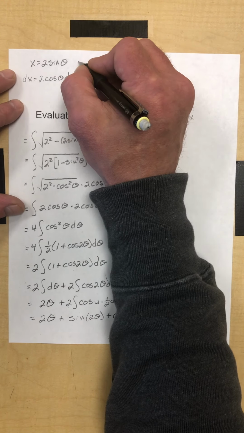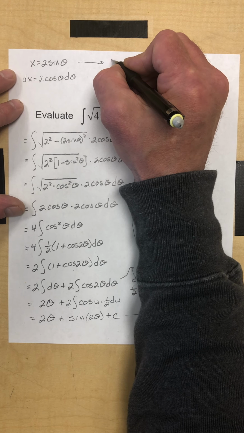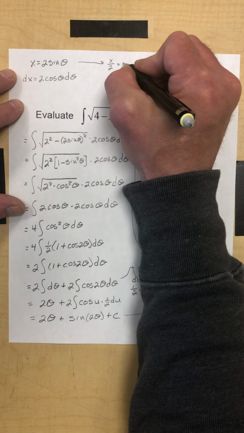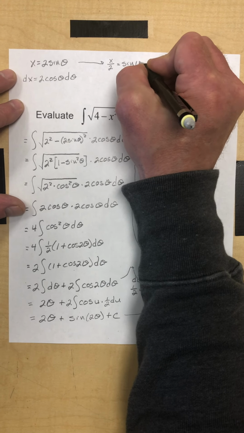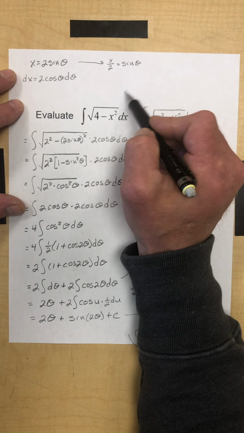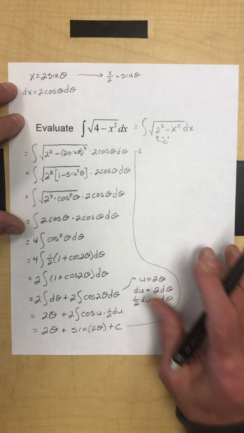So if x equals 2 sine theta, then x over 2 is sine of theta. And notice I could take sine inverse of both sides to figure out what theta is. And remember, sine inverse is the same as arc sine.